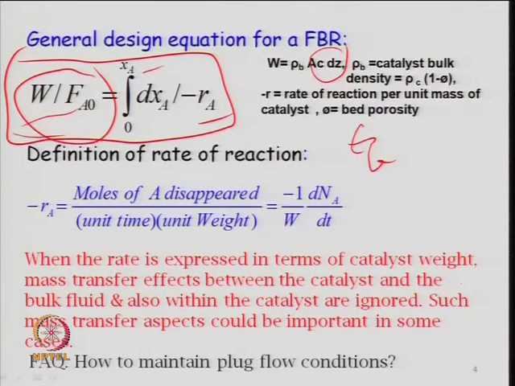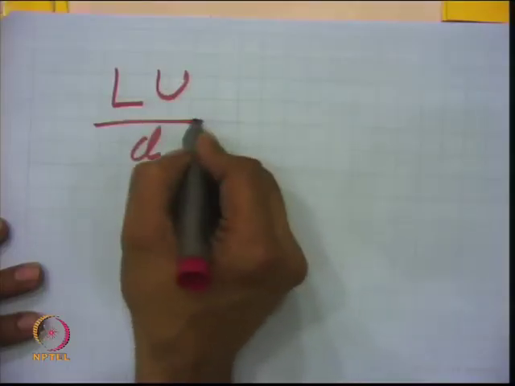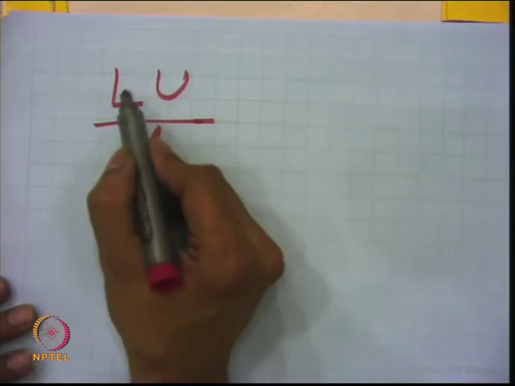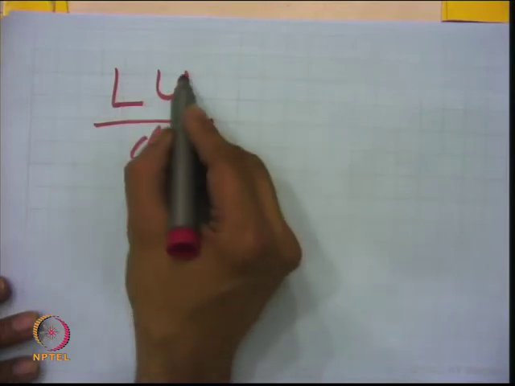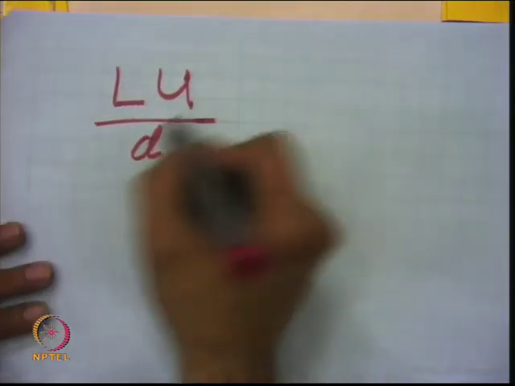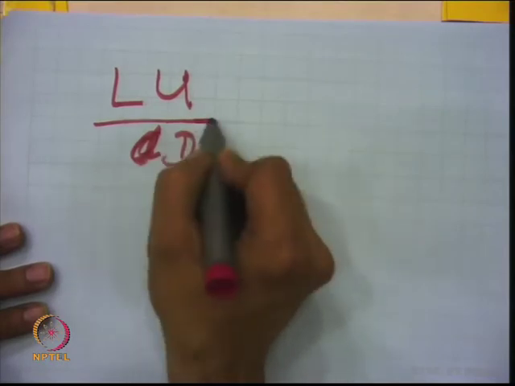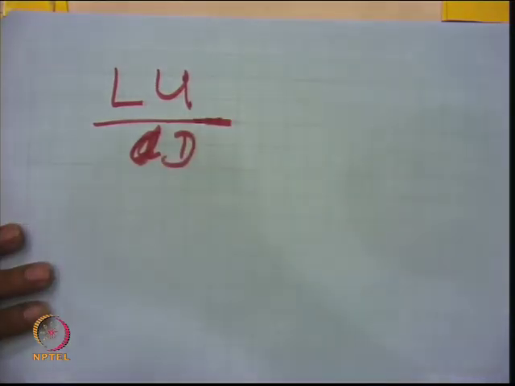So, how to maintain plug flow condition, this is very important when you do the reactor design or when you study the kinetics. I told you that there are some guidelines, because you know a number which is known as the Peclet number, basically L u upon D. L is the length or bed height, the catalyst bed height, u is the velocity, and D is the diffusion coefficient or dispersion coefficient.